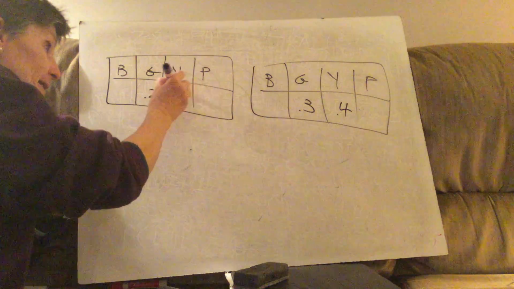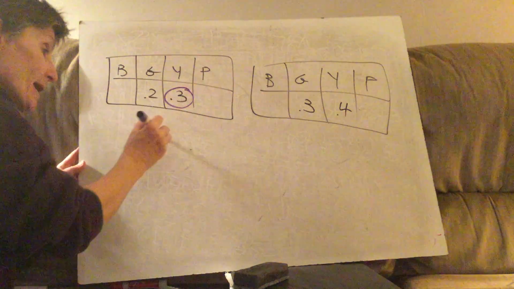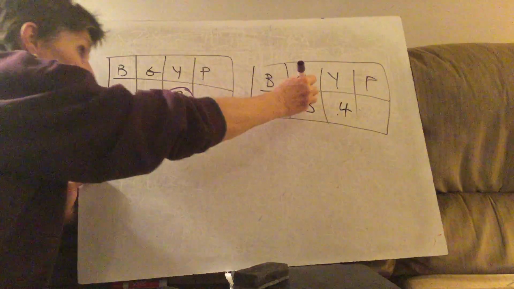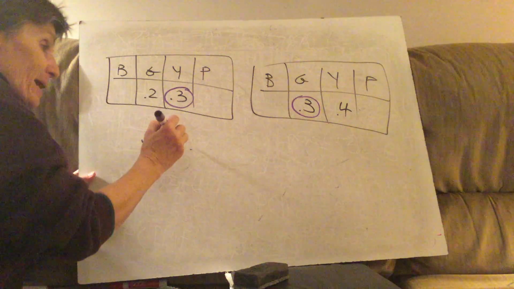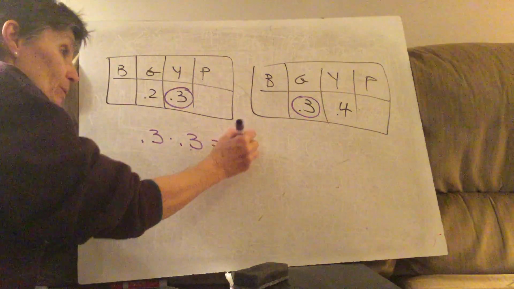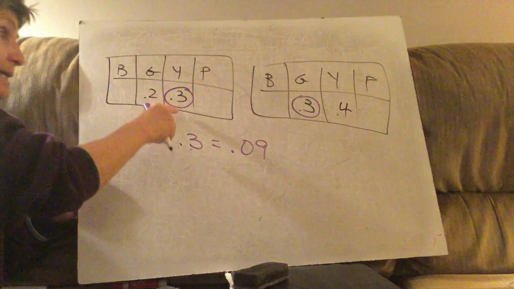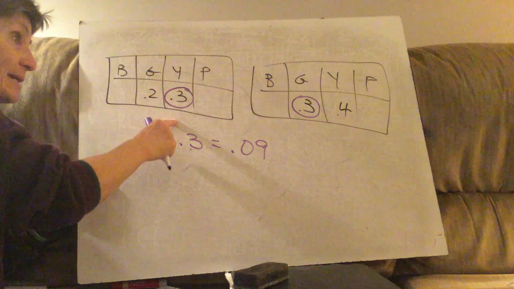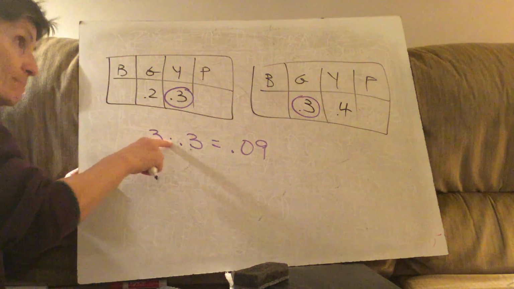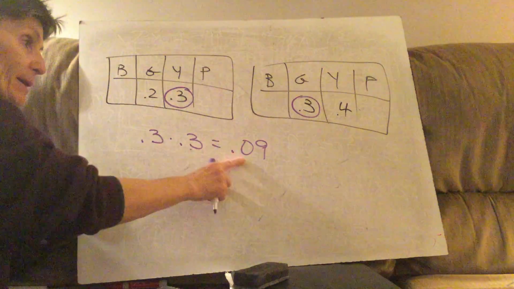So I can get a yellow from the first bag and a green from the second bag. So that would be 0.09. Yellow from the first bag times green from the second bag.